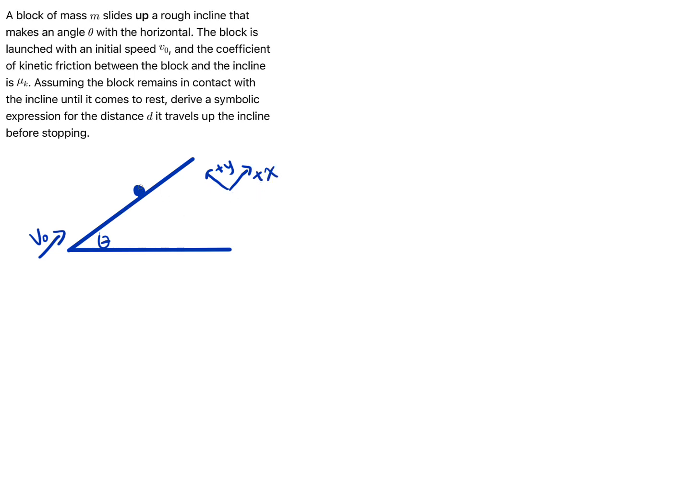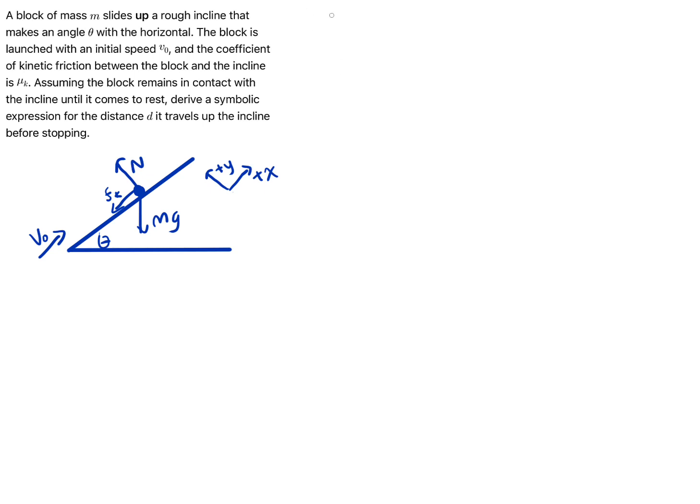Once we have established that, we have the normal force acting normal to the surface, since it's in contact with the incline. We have the force of gravity acting downwards. And since the block is moving up the incline, the force of kinetic friction will be pointing down the incline, since it always opposes the relative motion of the block with respect to the incline.